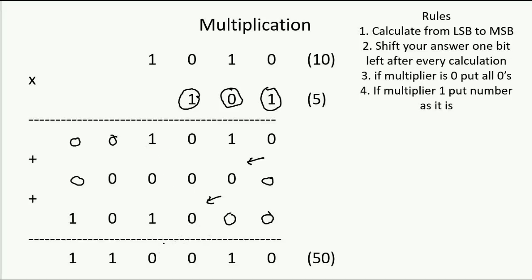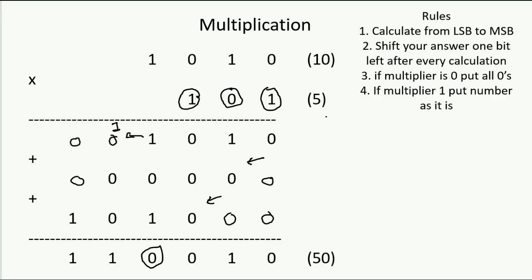So that 0 is written over here, and 1 is carried forward as a carry. Then 10001, 001, it's 1 over here. So the final answer is 110010. It's nothing but the number 50.